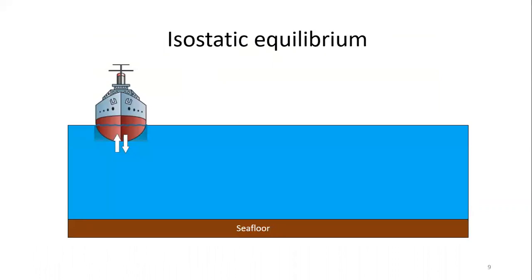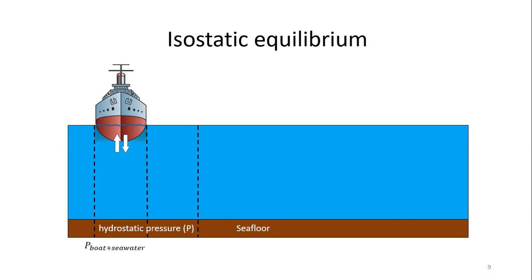Let's look at how isostasy works, returning to our ship example. If you measure the hydrostatic pressure, which is the combination of gravitational and buoyancy forces, at the sea floor directly beneath the boat, then it would equal the total hydrostatic pressure created by the boat plus the seawater. However, these two columnar pressures would be equal and they're in hydrostatic equilibrium.